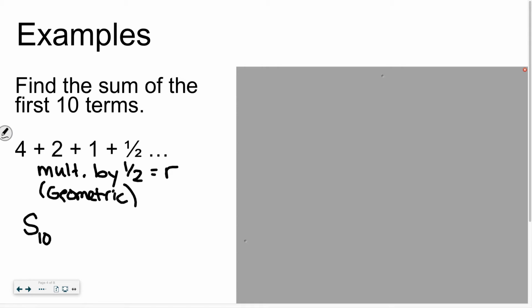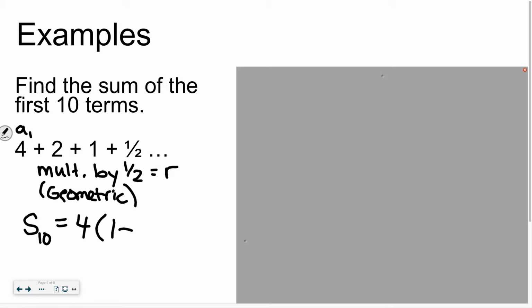The sum of the first 10 terms is equal to, in that formula I need a sub 1, 4. It's right there in front of my face, right? And then I need to do 1 minus r to the n. So what's my r? 1/2.